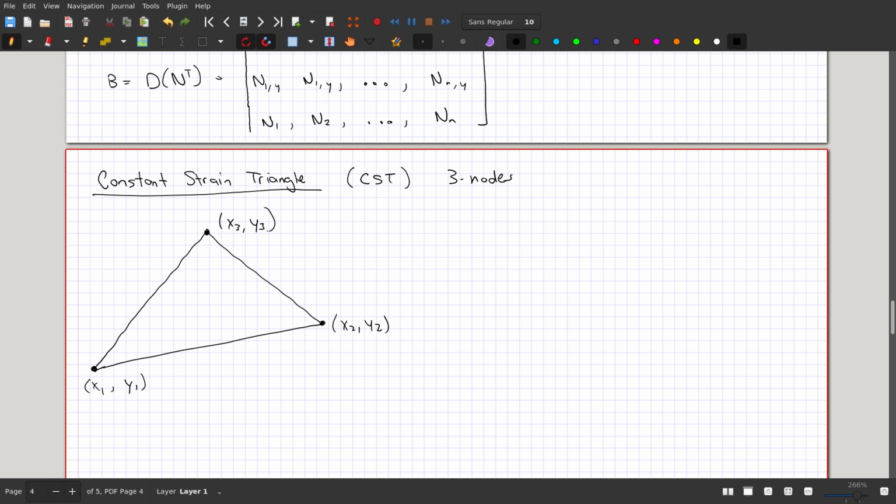And then our displacement field or approximate field will be u of x equal to C1 plus C2 x plus C3 y.